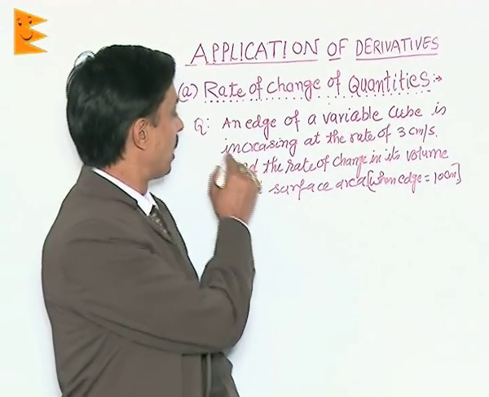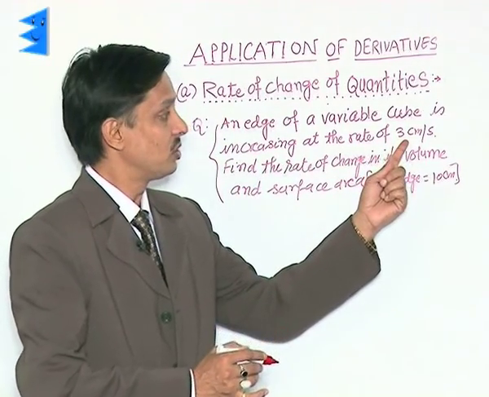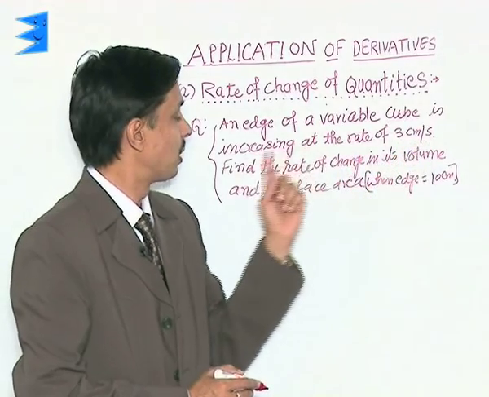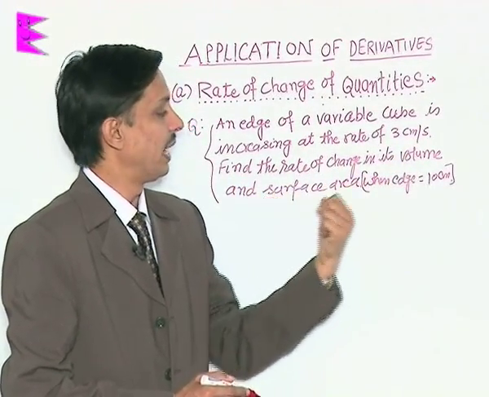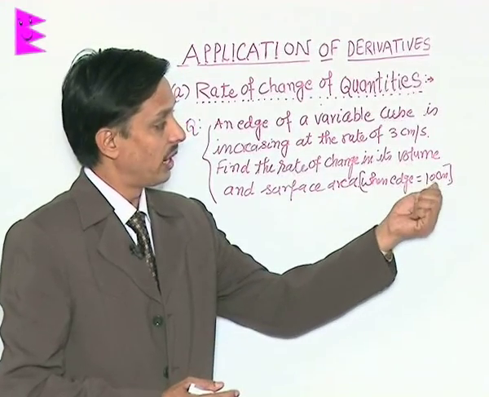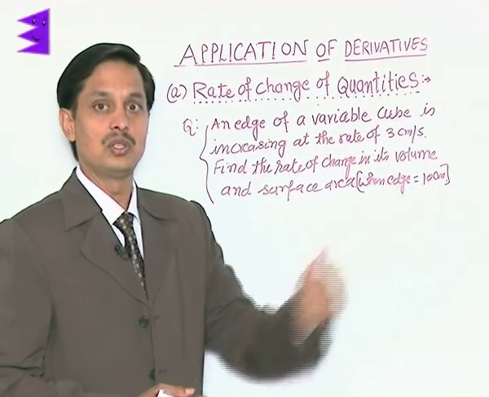Let us suppose, if I talk about the solution, because they are saying that the edge is changing at the rate of 3 centimeter per second, find the rate of change in its volume and surface area at the instant when the length of the edge is 10 centimeter.